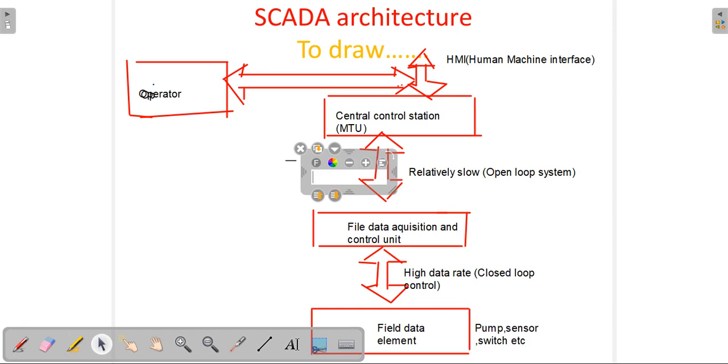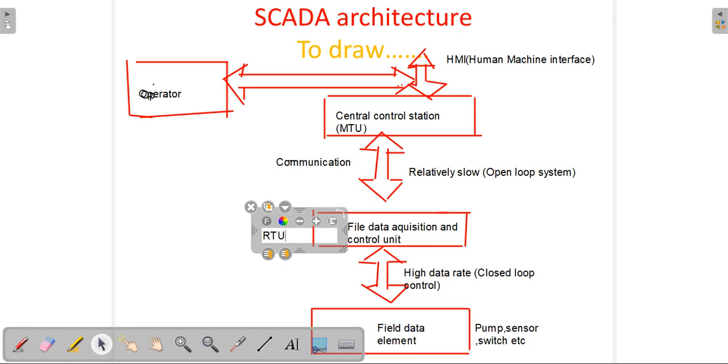This is the communication channel that you have, and we have already written the central control station, the human machine interface, right? So here this could be either a remote terminal unit, RTU, or it could be a PLC, something like that.